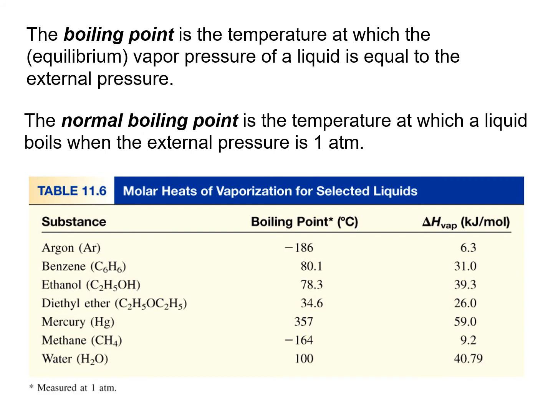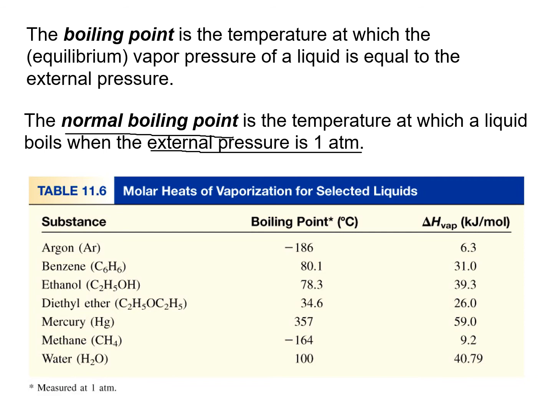There are what we call normal boiling points. So this has a criteria attached to it, and this is the temperature at which a liquid boils when the external pressure is 1 atmosphere. So we could say typically the boiling point of water in Minnesota is 100, assuming an atmospheric pressure of 1 atmosphere.